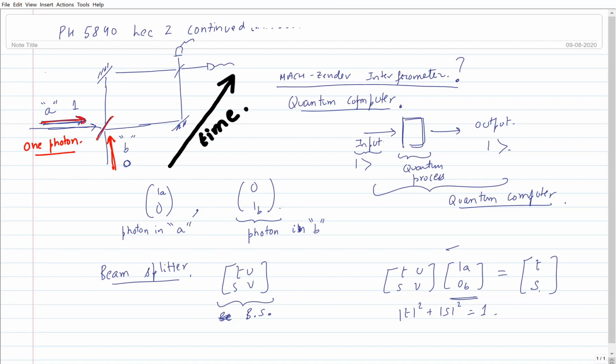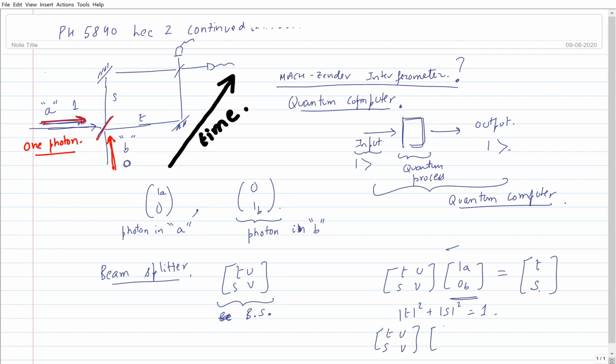Essentially, that means that the probability of having the photon in either of the ports is conserved. That's essentially what's happening.